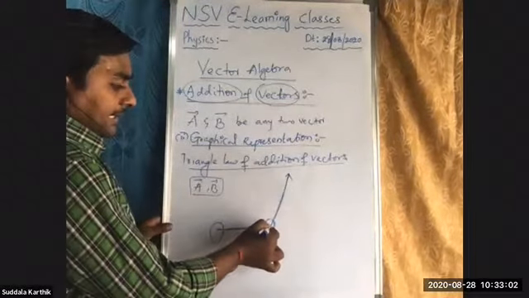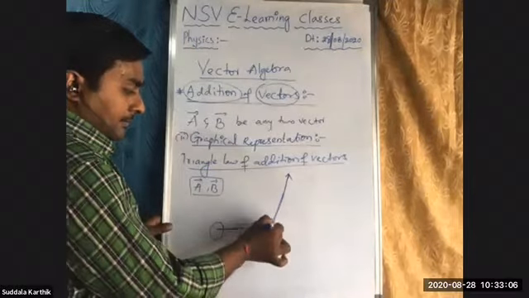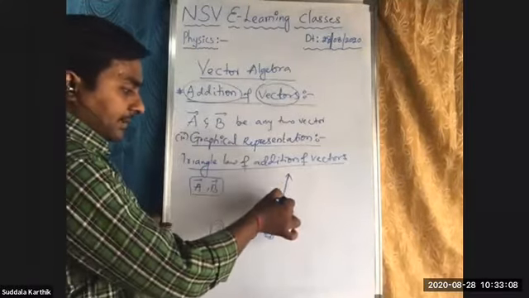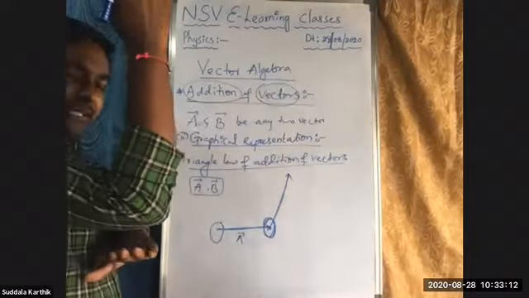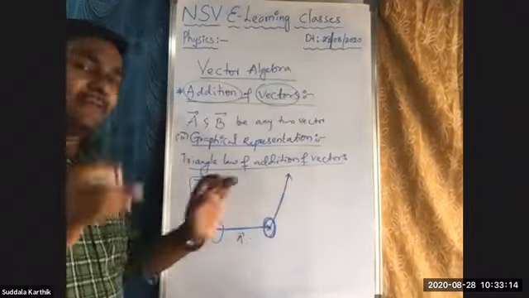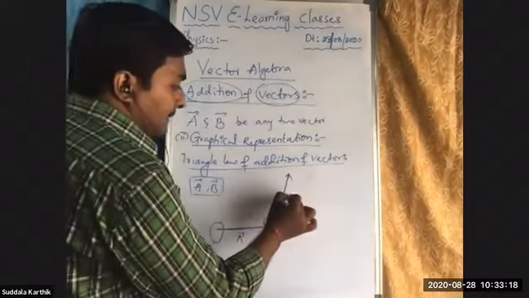The tail of the second vector like this. You have to place the tail of the second vector at the head of the first vector, right? Like this you have to place, Nana.